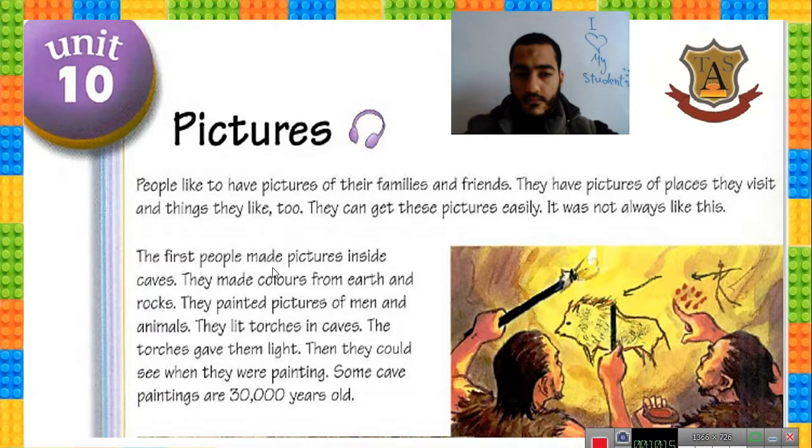The first people made pictures inside caves. They made colors from earth and rocks. They painted pictures of men and animals. They lit torches in caves. The torches gave them light. Then they could see when they were painting. Some cave paintings are 30,000 years old.